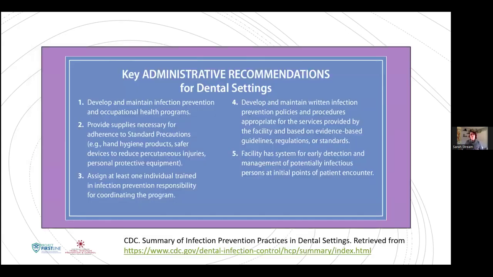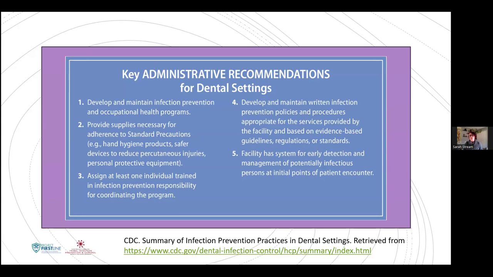So in the Blue Book, there are different domains that have to do with infection prevention and control. For each domain, they have this little blue box that is their key recommendations. So we're going to go through all of our domains' key recommendations.